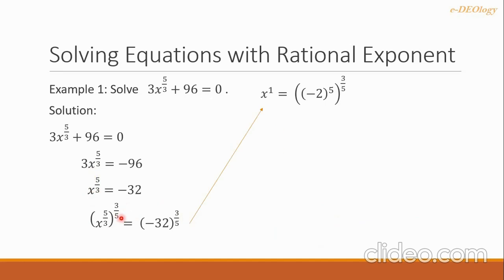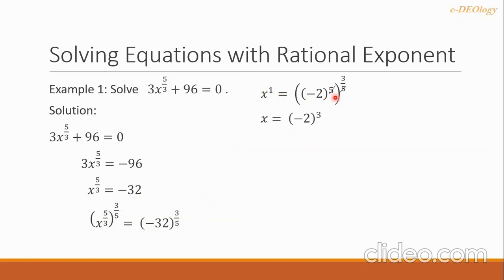So the next is, for the x, the exponent becomes 1 because the 5 over 3 is multiplied to its reciprocal, the answer will be 1. On the right side, the negative 32, we will express it as negative 2 raised to exponent 5.